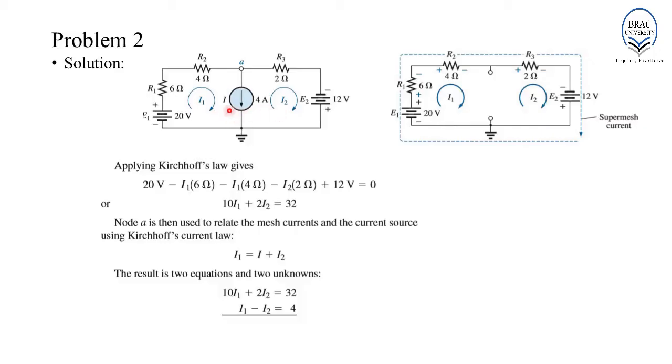Hence, the current must be equal to I1 minus I2, which is equal to 4 ampere. So, the second linear equation will be I1 minus I2 equals 4. On solving these two linear equations, you can easily determine I1 and I2.